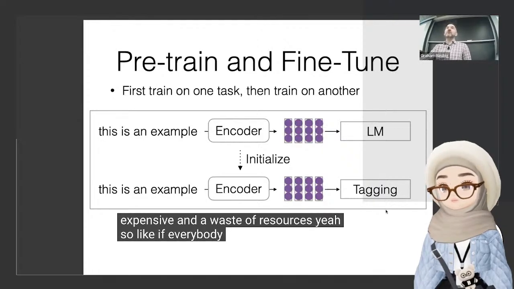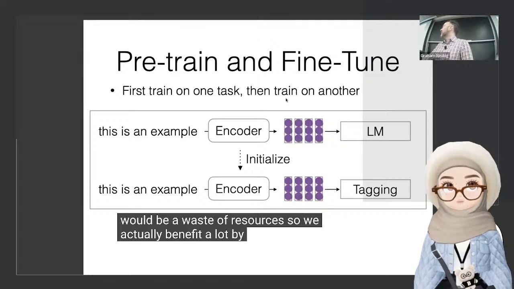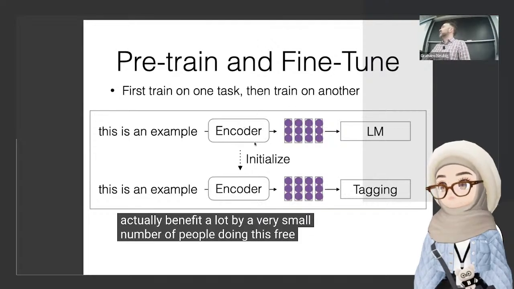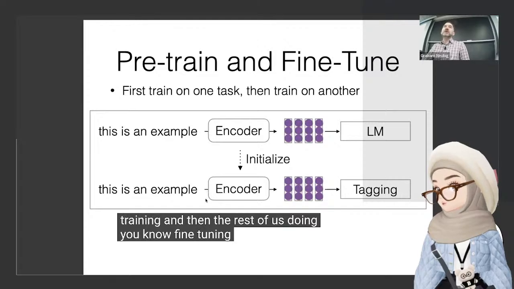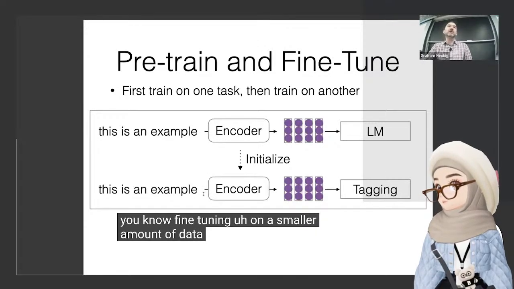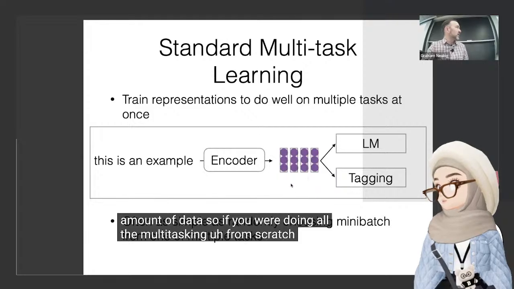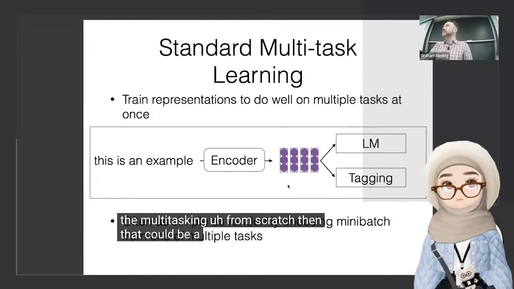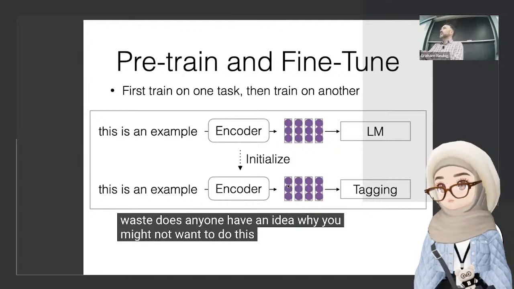If everybody was doing it, it would be a waste of resources. So we actually benefit a lot by a very small number of people doing this pre-training, and then the rest of us doing fine-tuning on a smaller amount of data. If you were doing all the multitasking from scratch, that could be a waste. Does anyone have an idea why you might not want to do this?